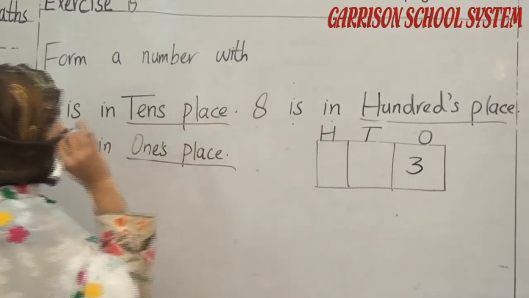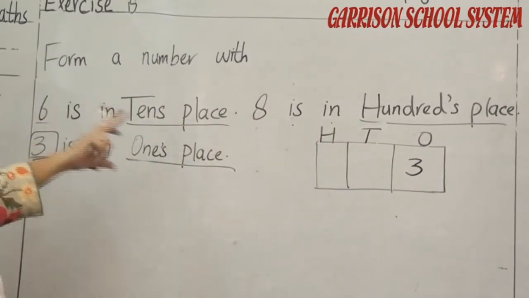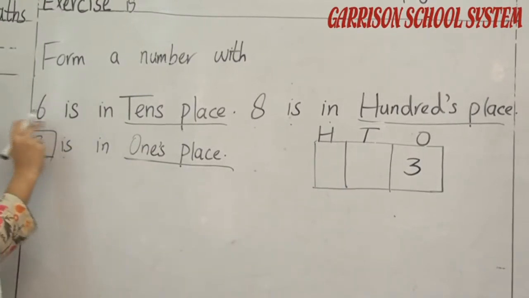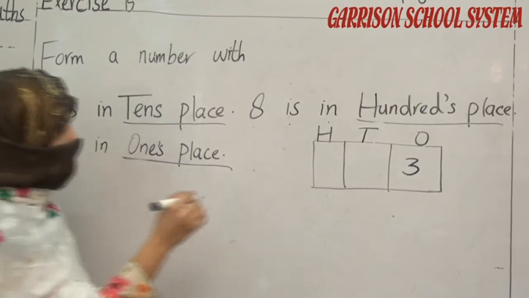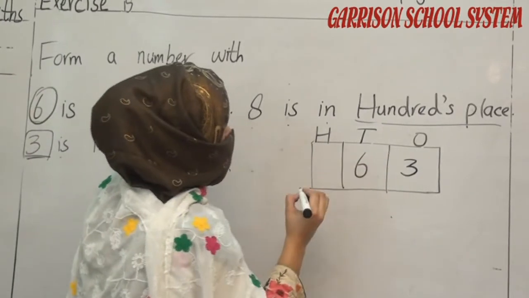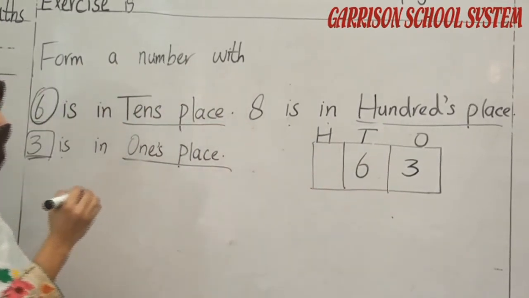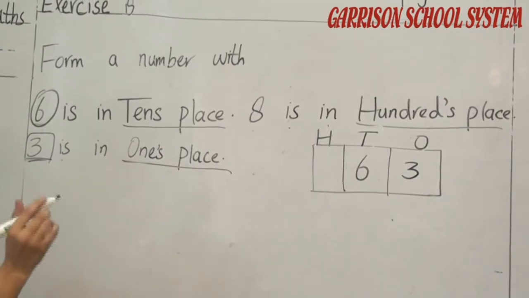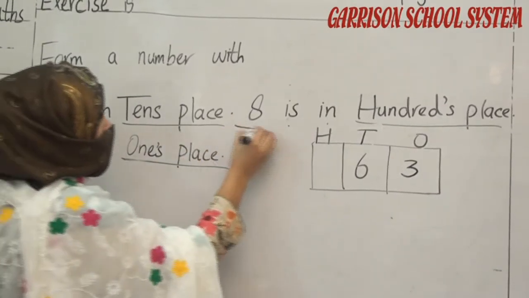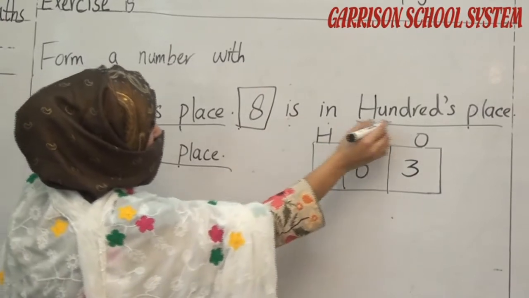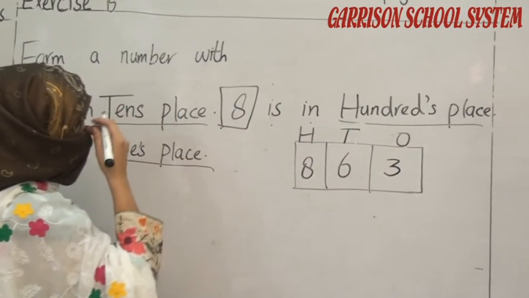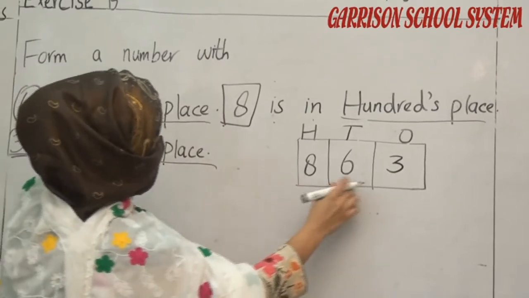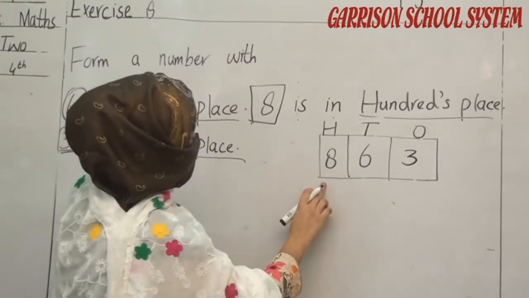Now the tens number is 6. The hundreds number is 8. We write 8 here. So which number do we get? 863.